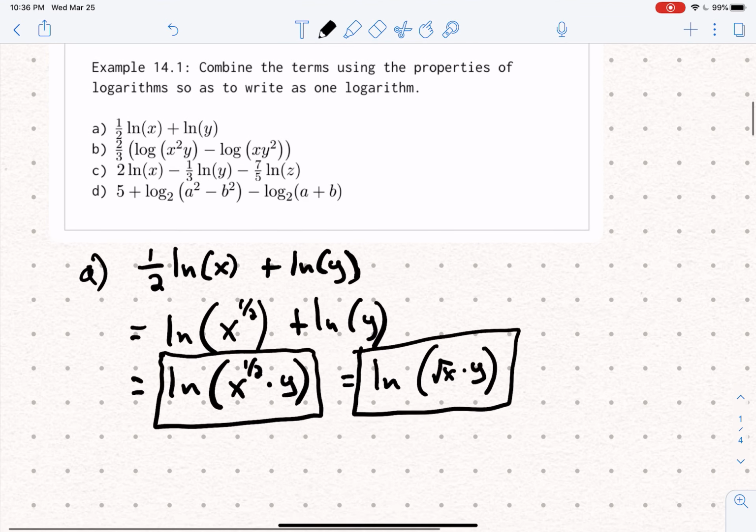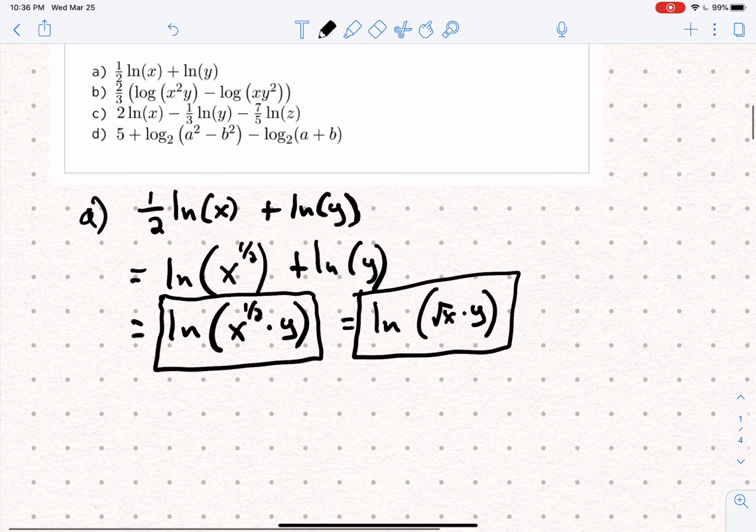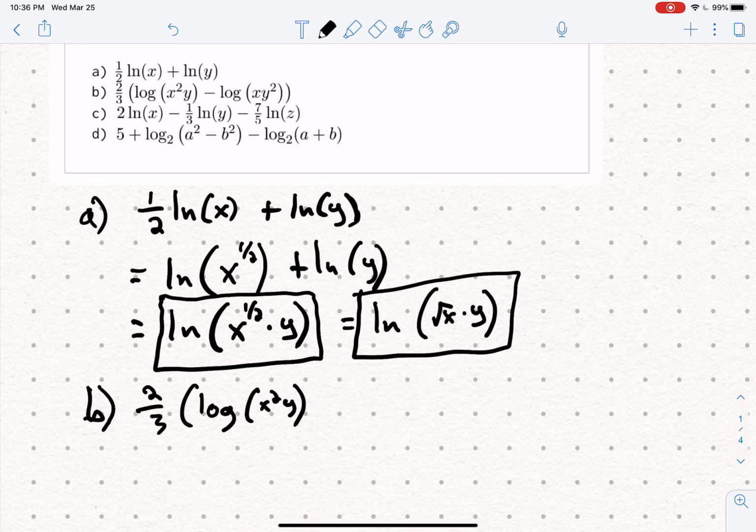All right, if you're back, let's go ahead and work our way through these. So part B, this one is 2/3 times the log of x squared y minus the log of xy squared. And of course there's different ways to attack this problem. What I'm going to do is simplify the stuff inside first.